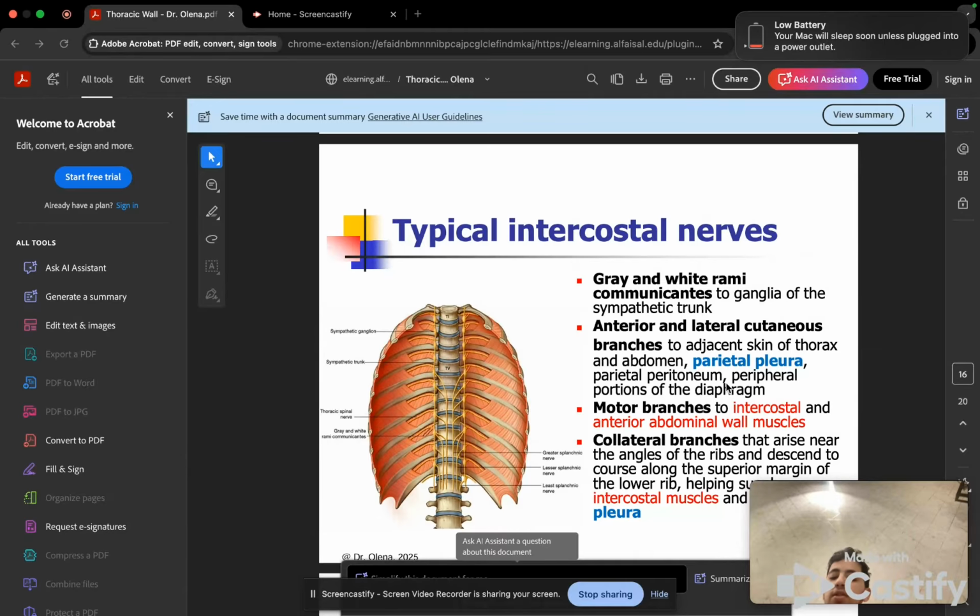So you have the intercostal, anterior, and abdominal wall muscles, because when you breathe in, your abdomen relaxes and your diaphragm contracts, but when you breathe out, your abdomen contracts while your diaphragm relaxes. You don't need to memorize this now, but it will come in the future.